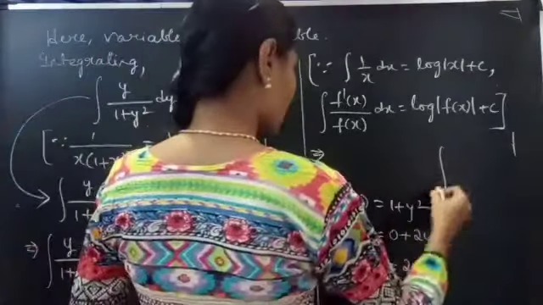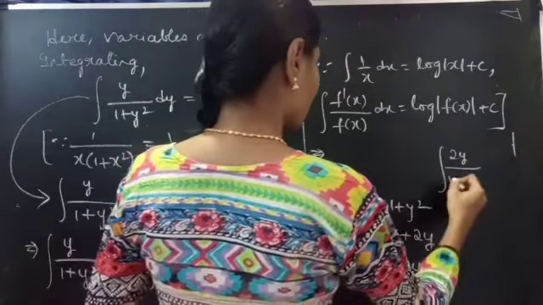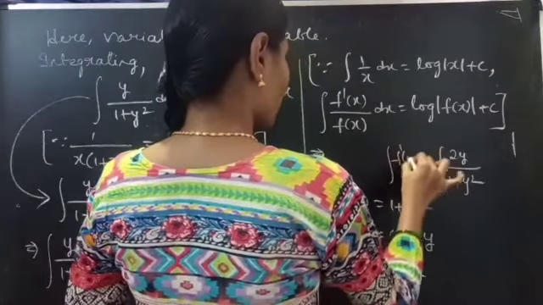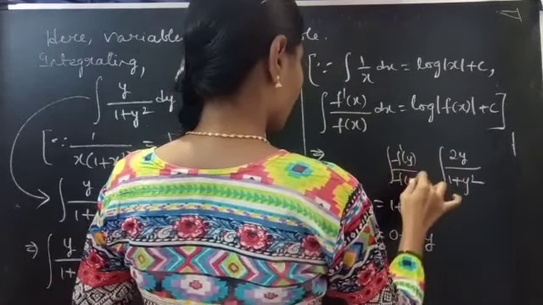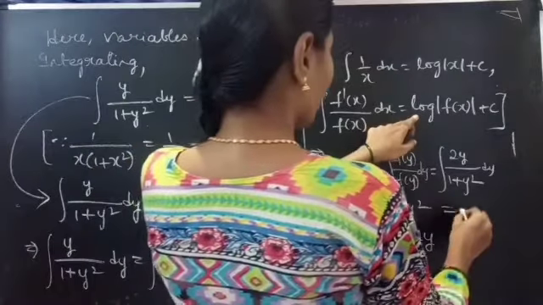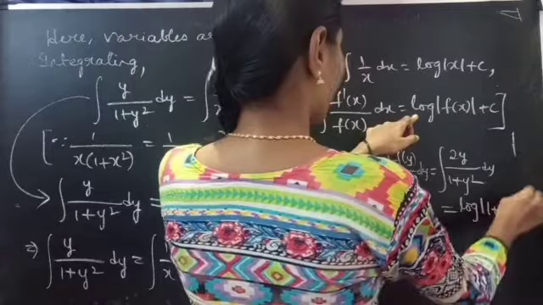Now to take the integral of 2y by (1 plus y square), which is integral f dash of y by f of y into dy, by applying this formula, you'll get log mod (1 plus y square), right?